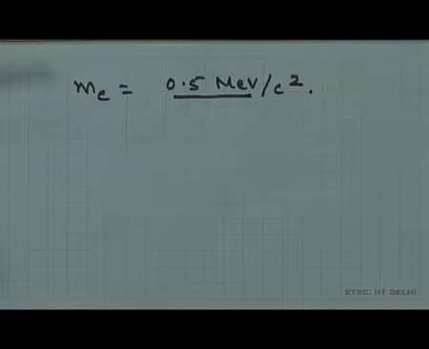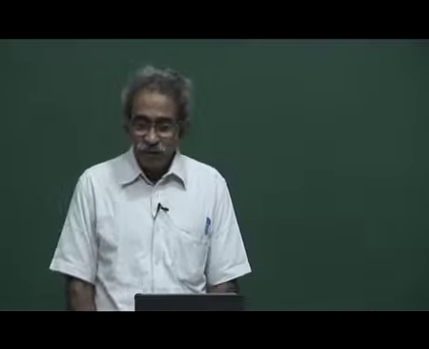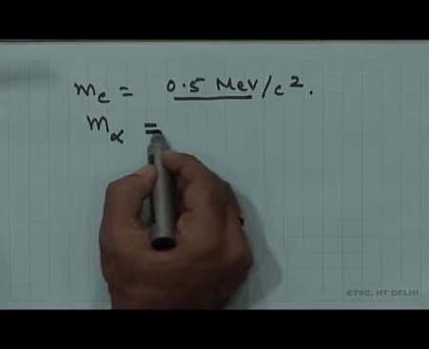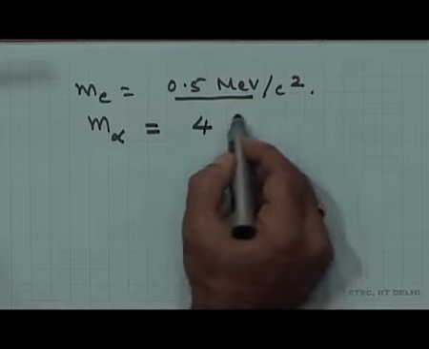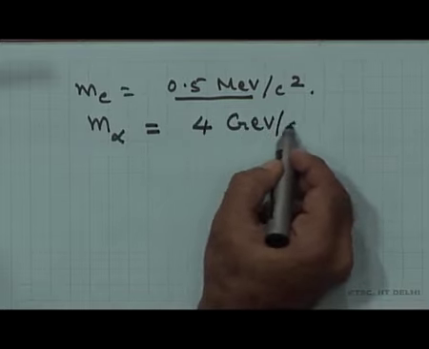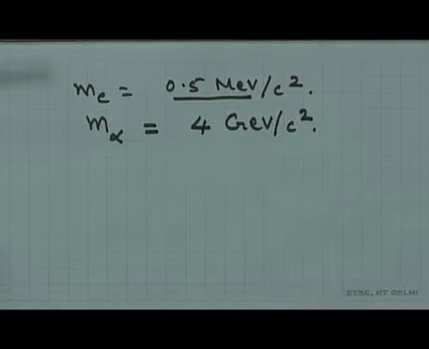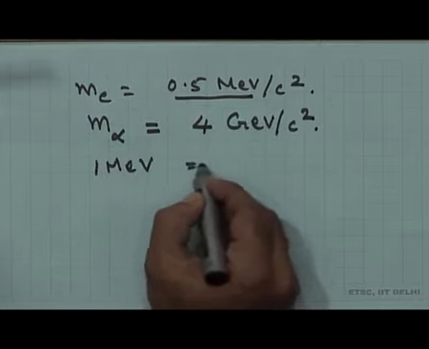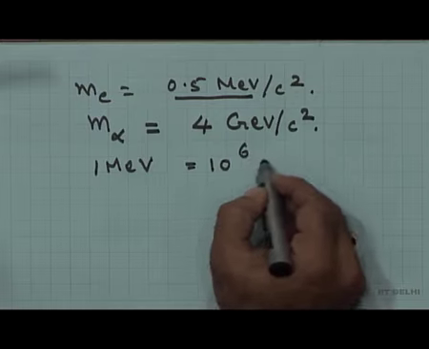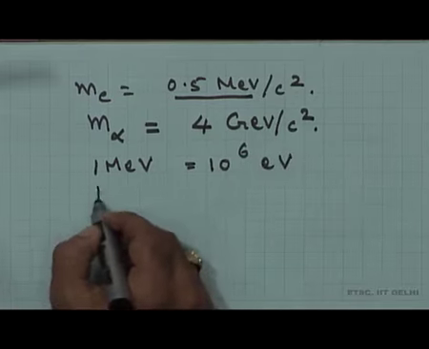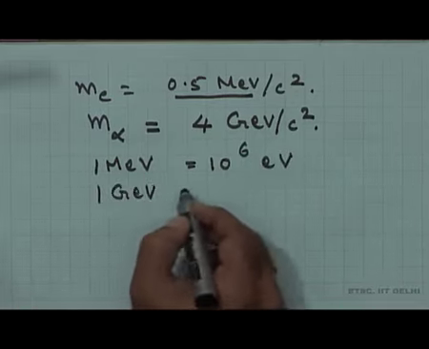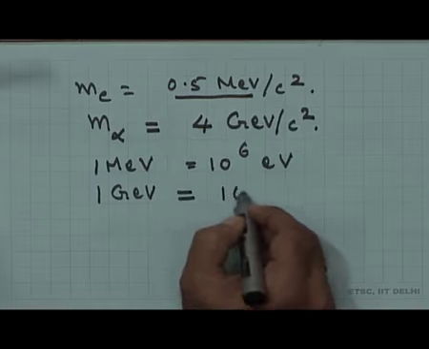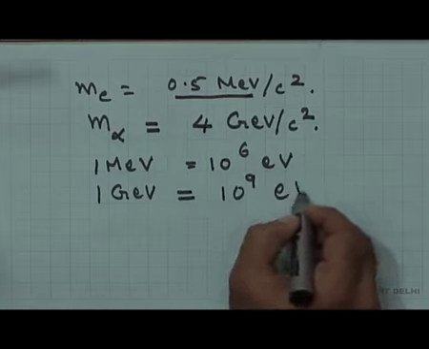If you really want to convert it into ordinary units, you know how to go from electron volt to joule, so you can do that. Whereas, mass of the alpha particle is 4 GeV by c squared. Let me remind you, 1 MeV is 10 to the power of 6 electron volt, and 1 GeV is 10 to the power of 9 electron volts.